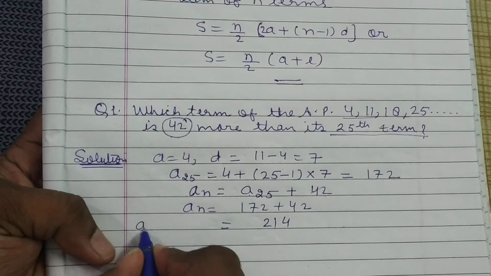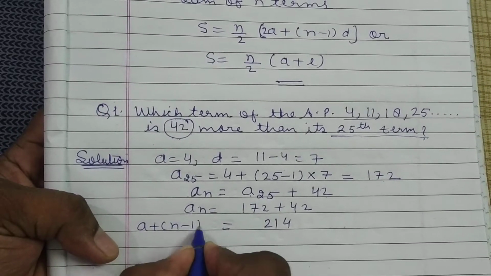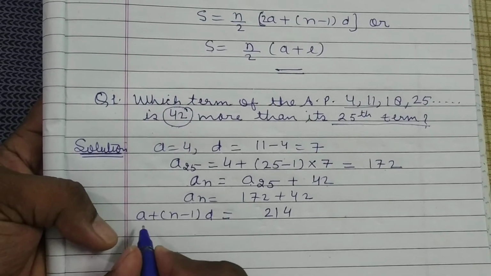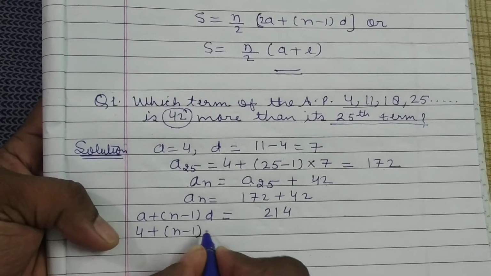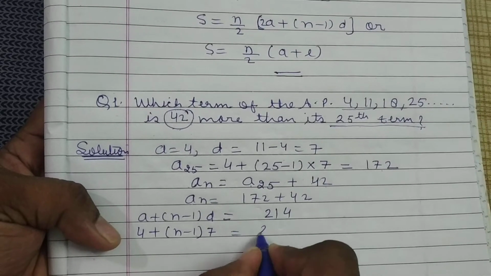You know the formula of the nth term: a plus n minus 1 times d. Substitute a here: 4 plus n minus 1, and the value of d is 7.